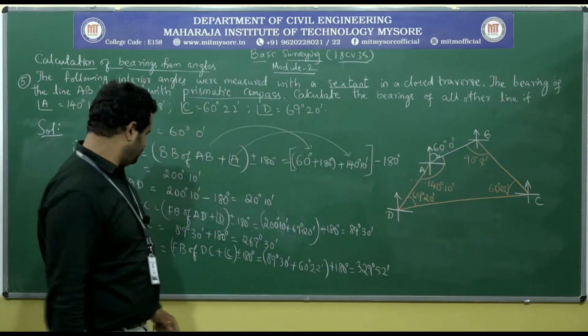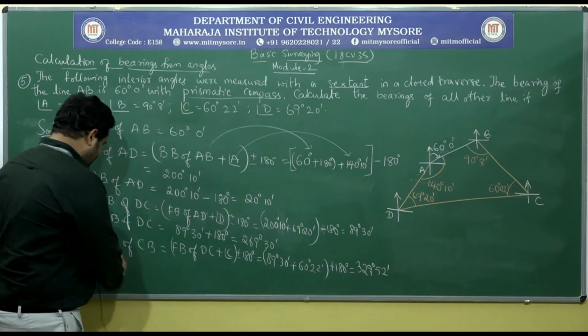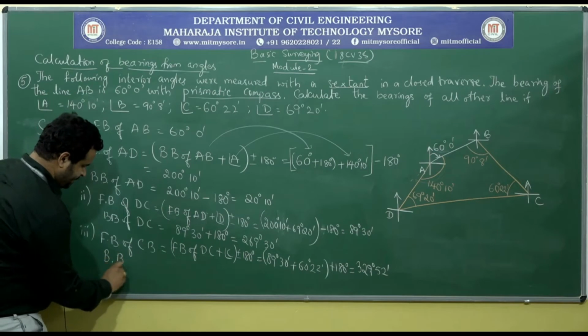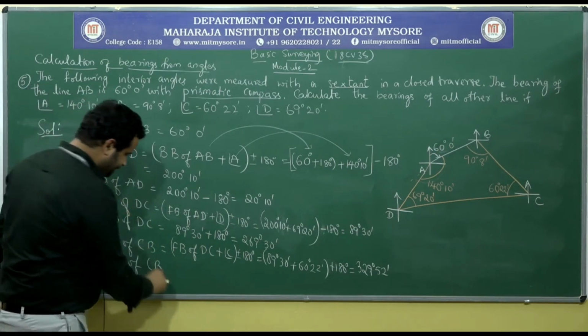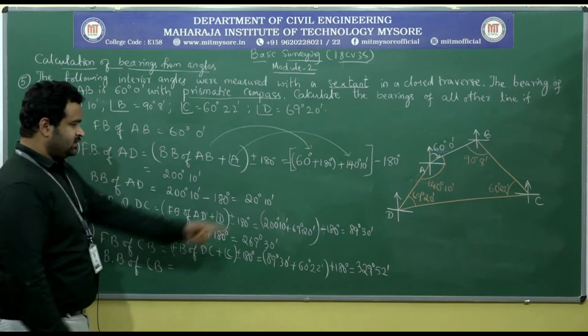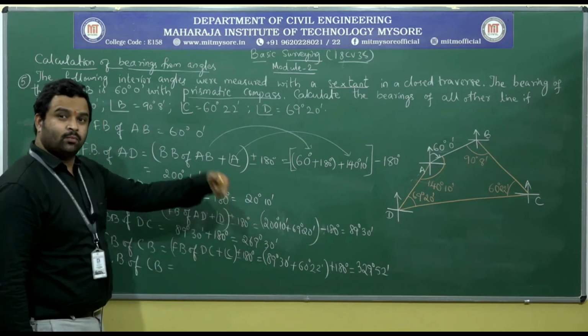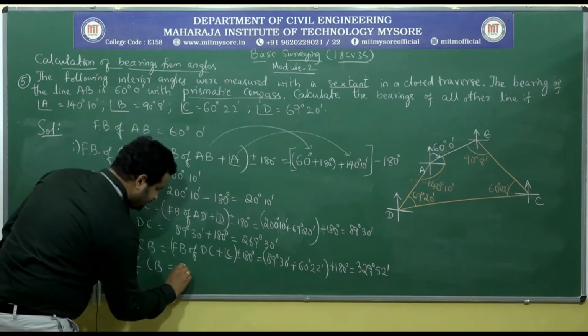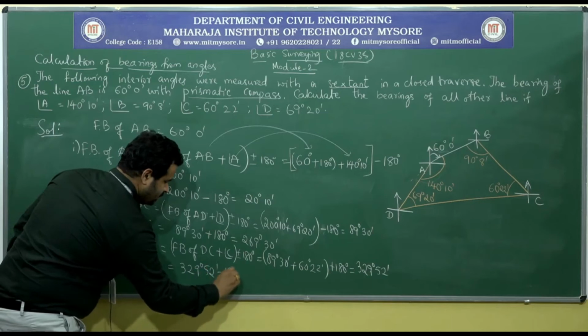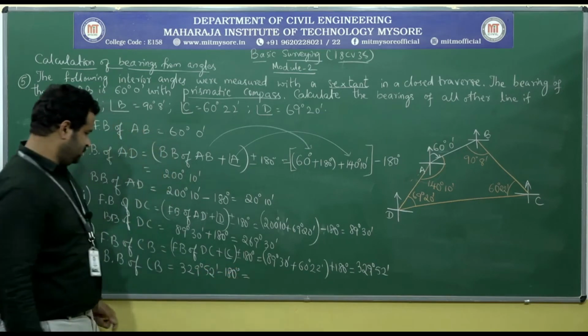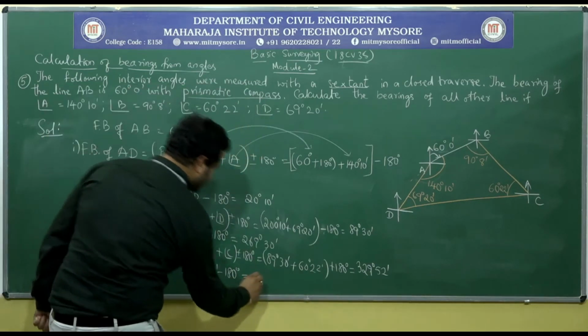If you calculate the back bearing of CB, or also you can say BC, 329 degree 52 minutes is more than 180, so you should deduct 180 from this value, which is equal to 149 degree 52 minutes.